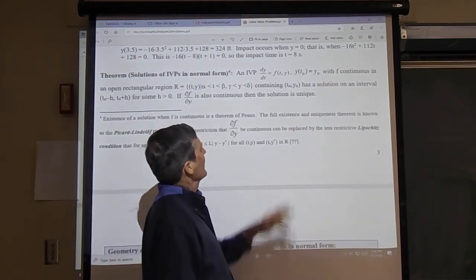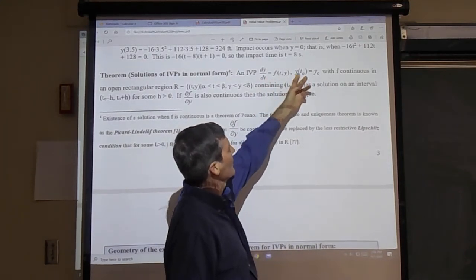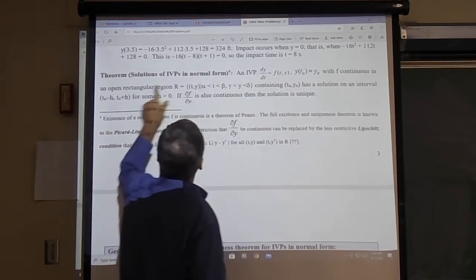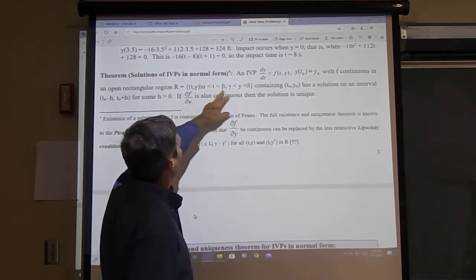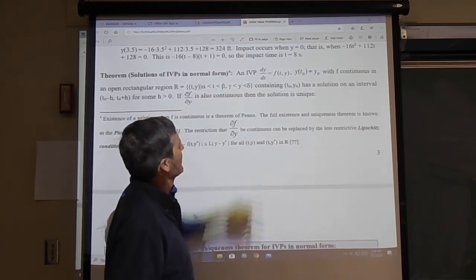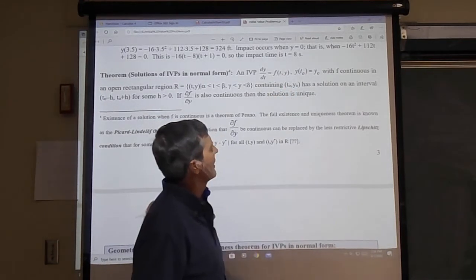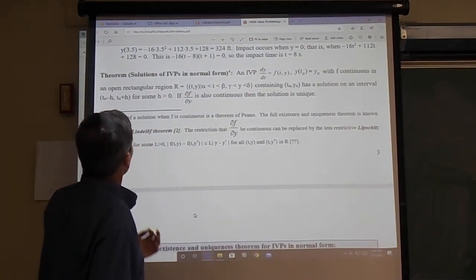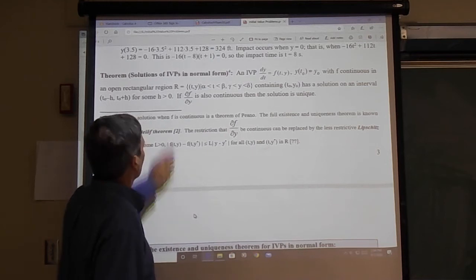If you have those two things, a differential equation in normal form of first order with one initial value, and suppose f is continuous in a rectangular region, a rectangle in the plane, t going between two numbers and y going between two numbers, that contains the initial condition t0, y0, then this has a solution, and it's unique on some interval t0 minus h to t0 plus h for some positive h.